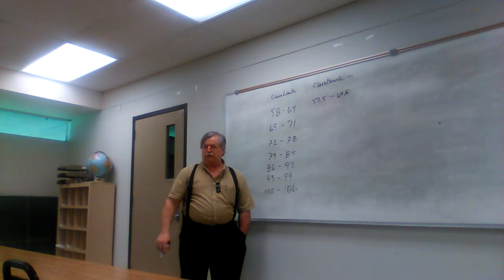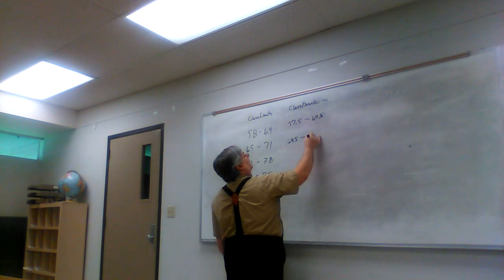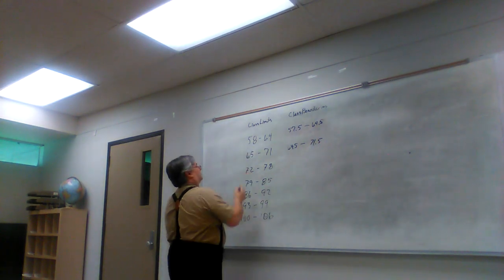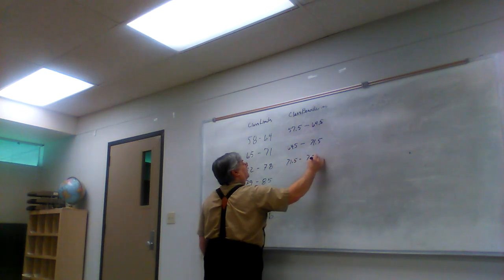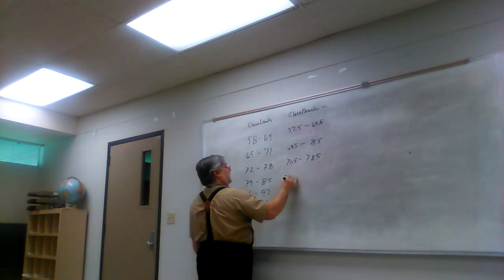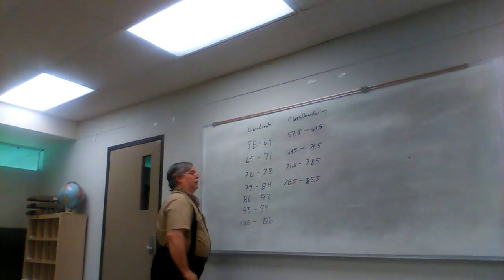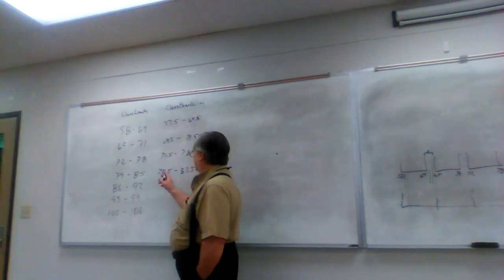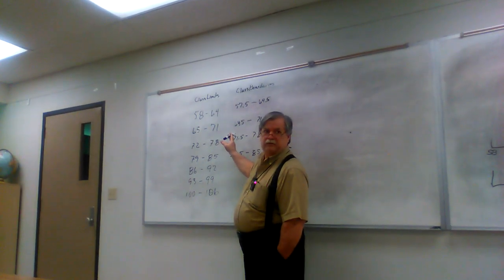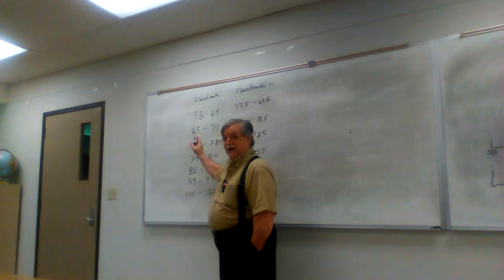For 65, the boundary would be 64.5, and the other class boundary is 71.5. Here, 72 minus 0.5 is 71.5, to 78.5, then 78.5 to 85.5, and so on. Look at what's happening. These boundaries are exhibiting overlap, the very overlap we said could not happen with the classes.